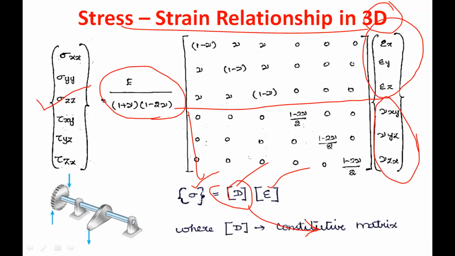If you want to solve any problem in real time application which is subjected to combination of loading, then we have to find all these 3 normal stress and 3 shear stress. Using that we can find the principal stress to design that particular component. But in most of the engineering applications, we try to simplify this 3-dimensional problem into either 2D or 1D.